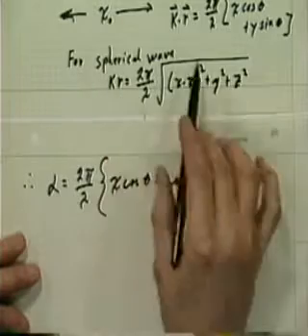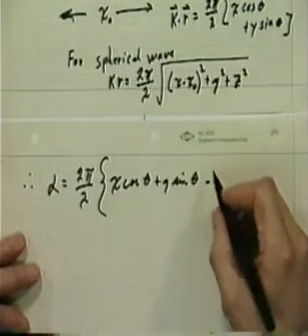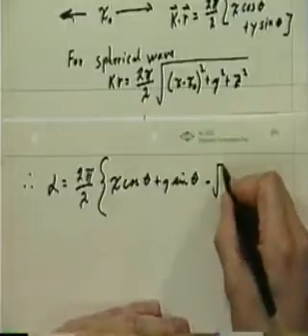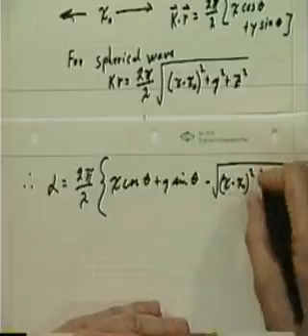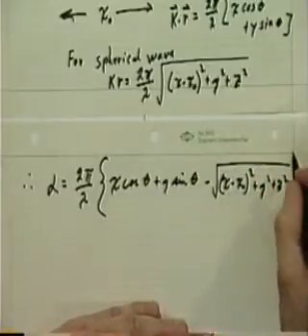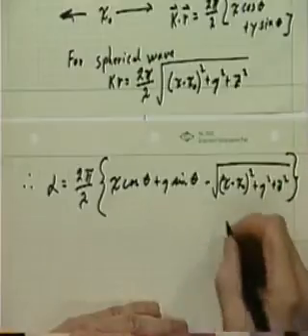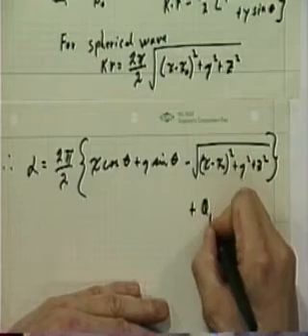And then we will subtract the spherical wave, so minus the square root of (x minus x naught) squared plus y squared plus z squared. And we might have some initial phase here, phi 1 minus phi 2.